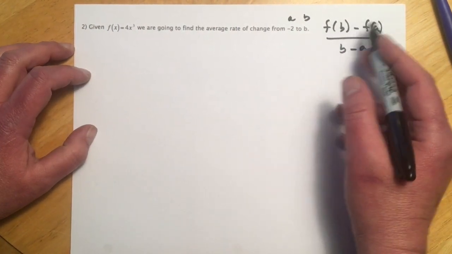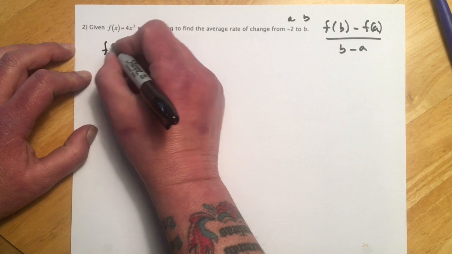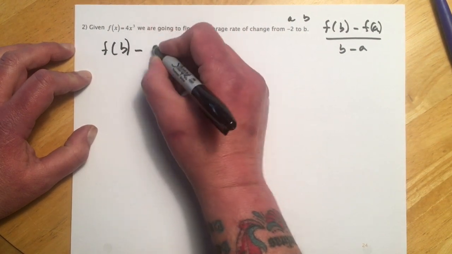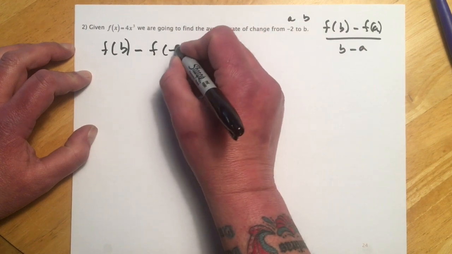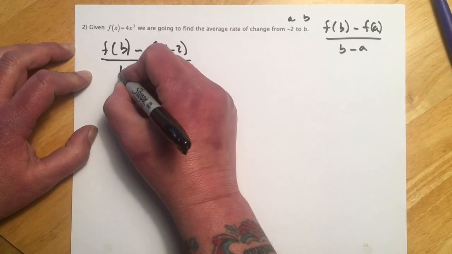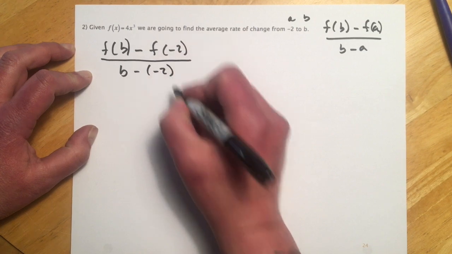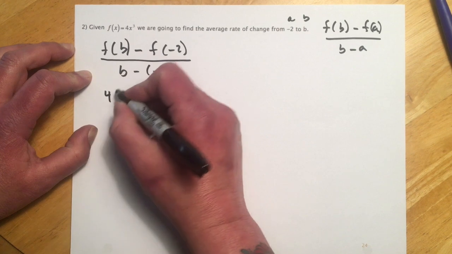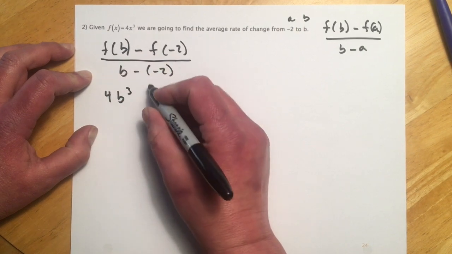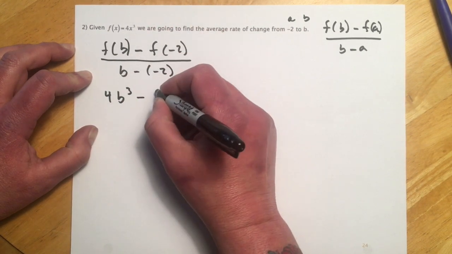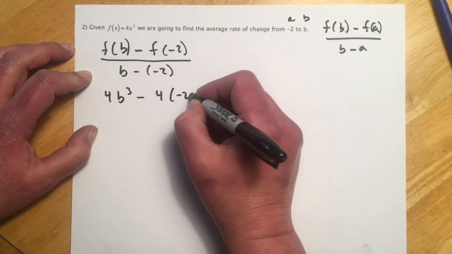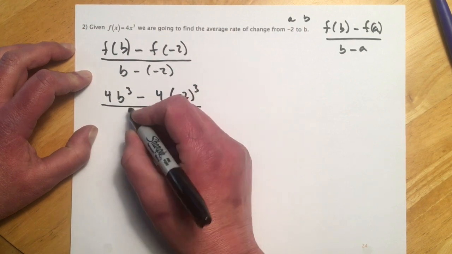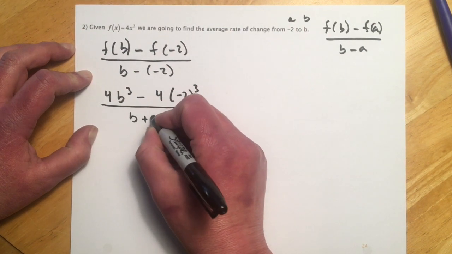So let's see, f of b minus f of a, so that would look like b is b, so that's going to be f of b minus f of -2 over b minus -2. f of b would just be a variable change, so 4b cubed, and then f of -2 would be 4 times -2 cubed over b minus -2, so that'll be b plus 2.